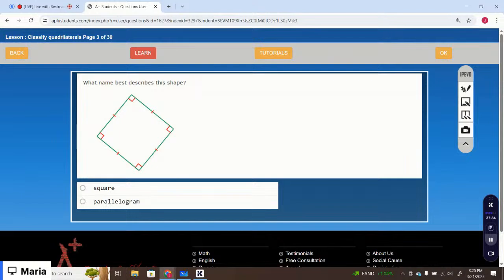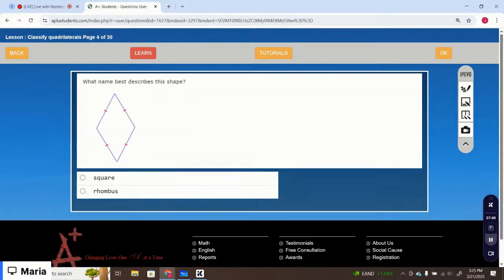What name best describes this shape? So which is the correct option? Square it is. Option number one is the correct option. That is a square. What name best describes this shape?